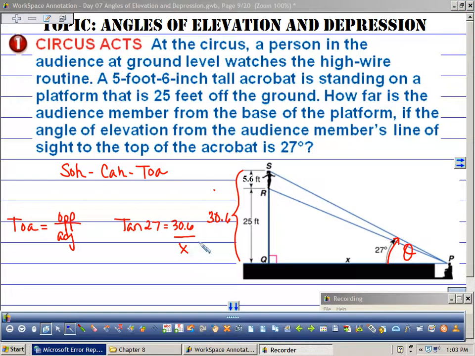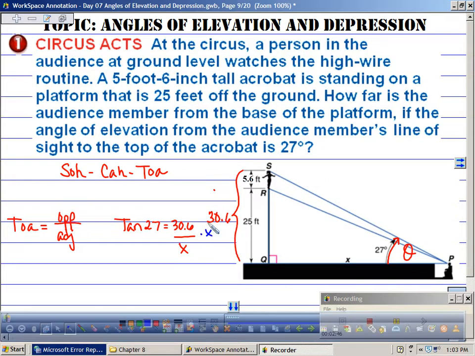All right. How do I solve something like this? Multiply by what? Multiply both sides by x. We'll cancel that x. Now I have x times the tangent of 27 equals 30.6.